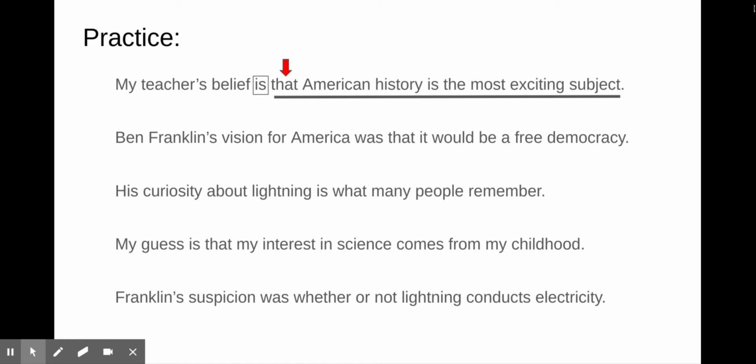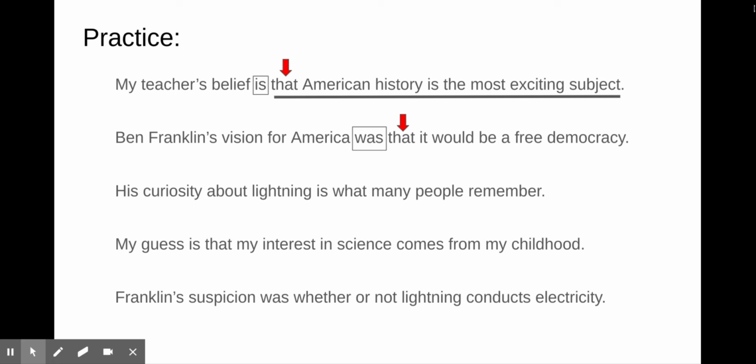Let's look at the second one. Ben Franklin's vision for America was that it would be a free democracy. So step one, find the linking verb. Well, let's look. Ben Franklin's vision, there's no verb in there. For America, well, that's a prepositional phrase. Was, there it is, linking verb. Right after the linking verb, we should have the introductory word.